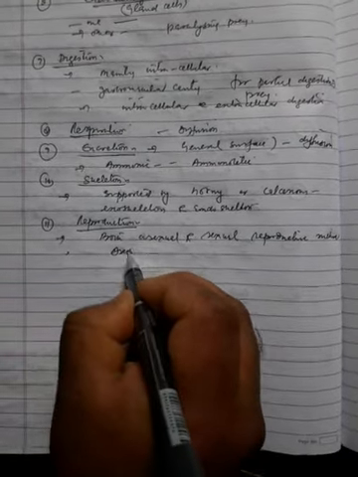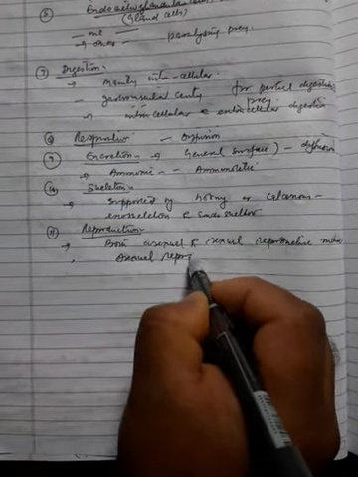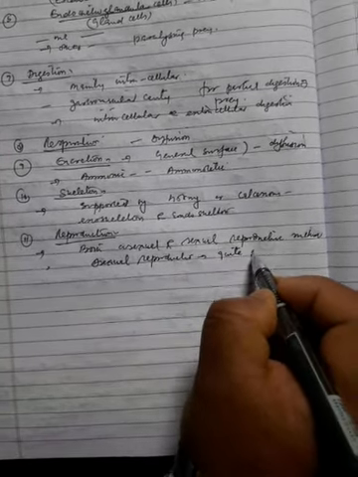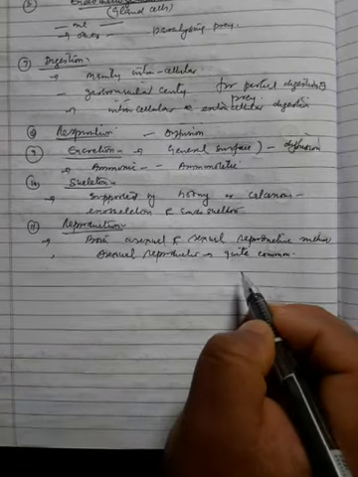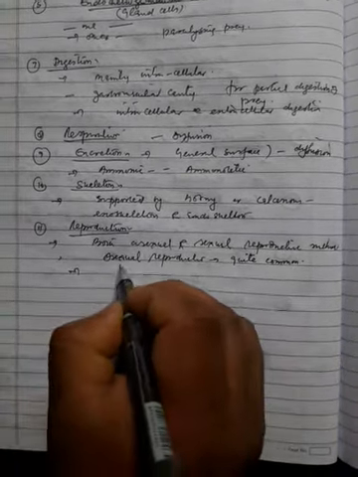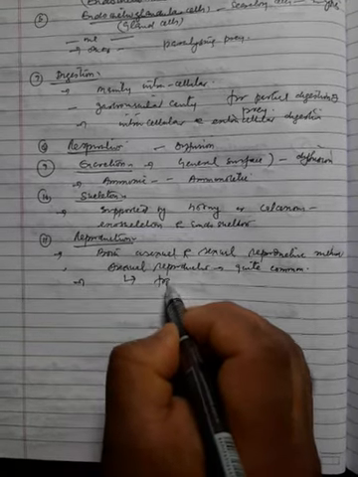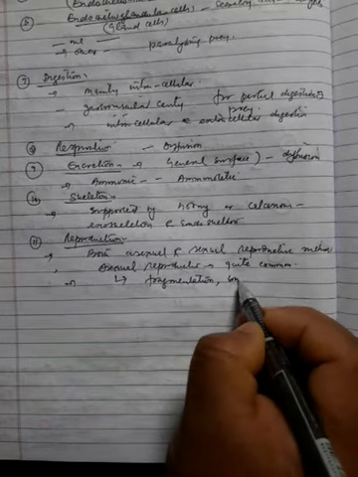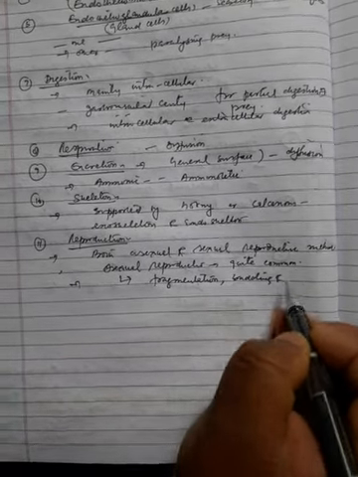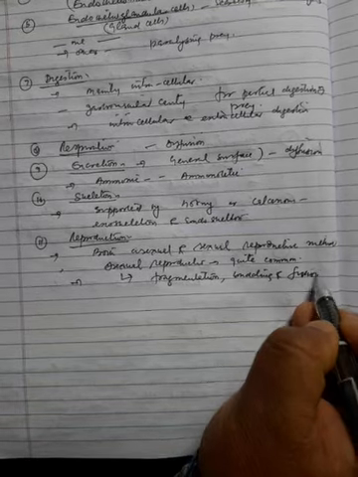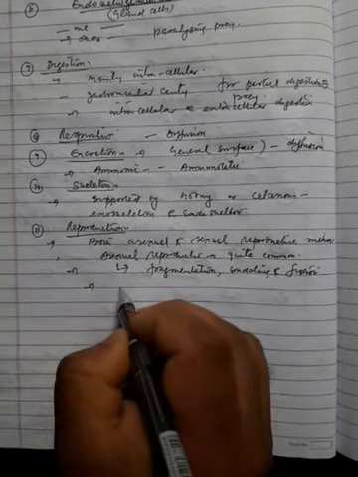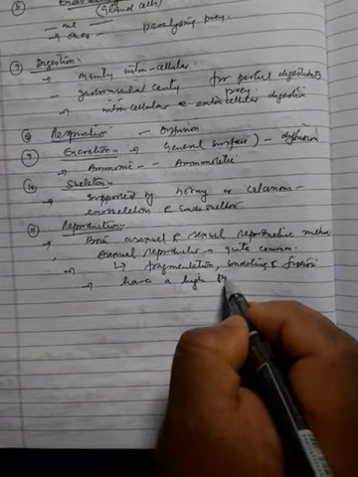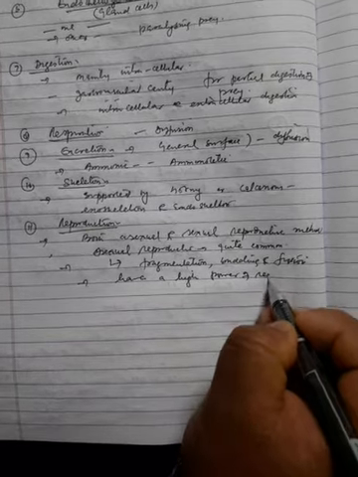But asexual reproduction is quite common amongst cnidarians. This asexual reproduction occurs through fragmentation, budding and fission. We know these cnidarians have a high power of regeneration.